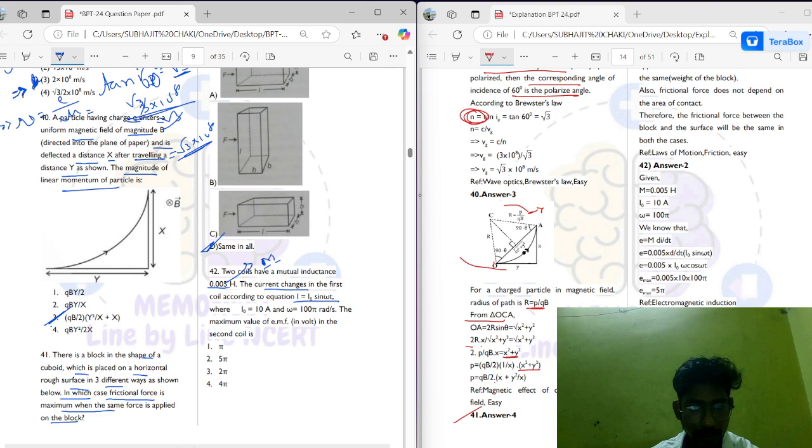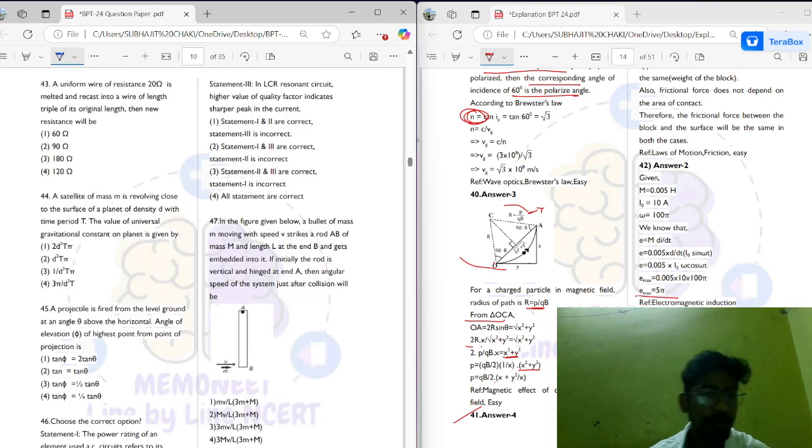43. A uniform resistance wire of resistance 20 ohm is melted and recast into wire of length triple its original length, then the value of resistance will be? It doesn't matter whether you melt or stretch it, the volume will remain constant, that means A into L will remain constant.